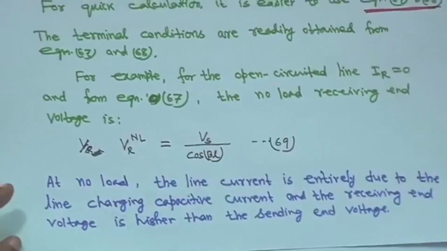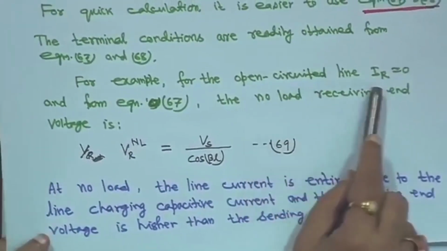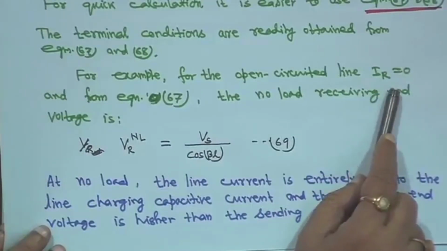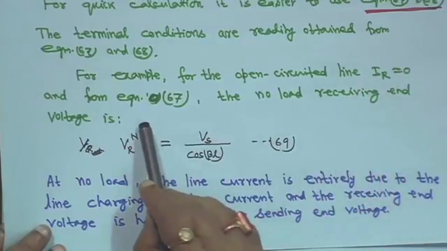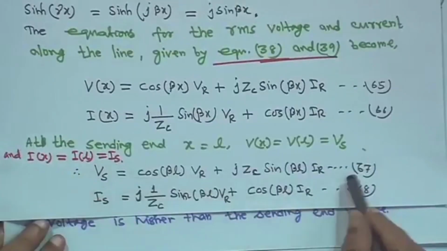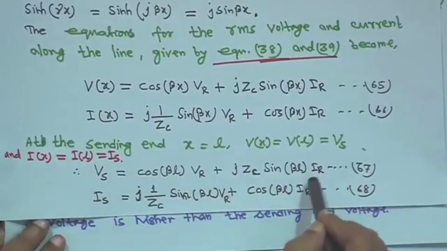So, for example, for the open circuit line, the receiving end current I r is 0 when the line is open circuit. From equation 67 you put I r equal to 0.